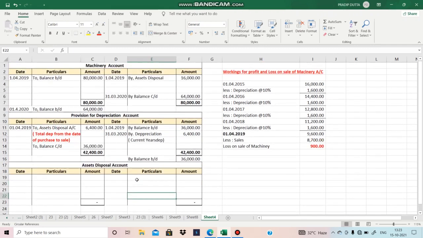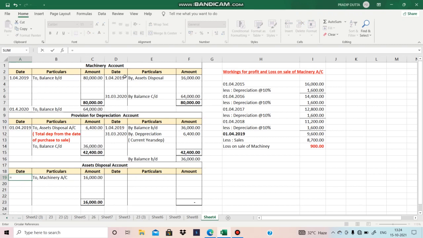Now the question arises, what about the asset disposal account? Simple as that. Now by asset disposal, you cross post over here. From here to here you have to write to machinery account 16,000, on the same date, 1st April 2019.